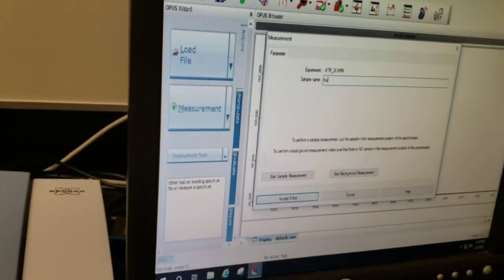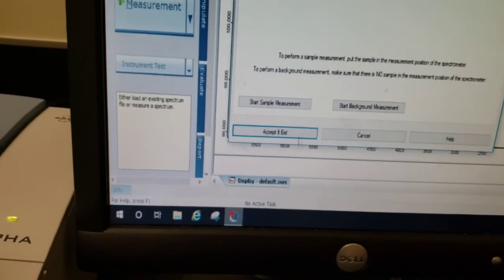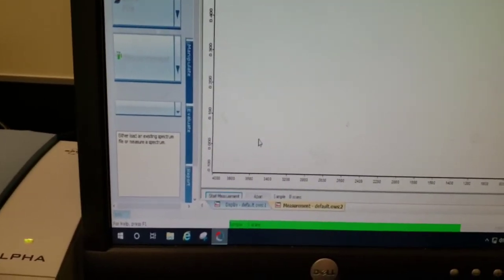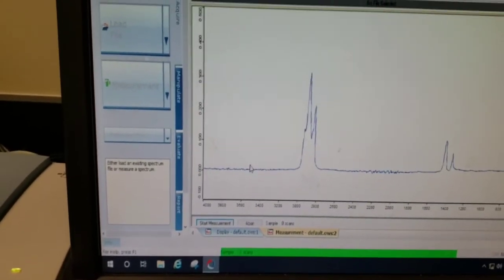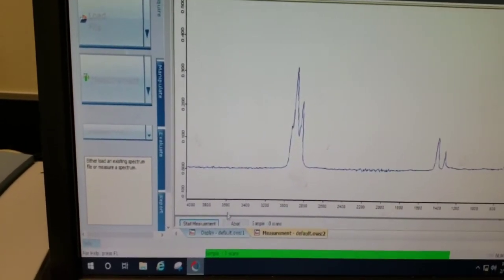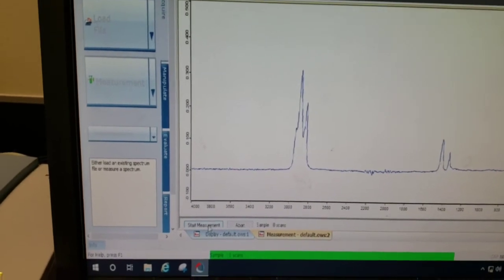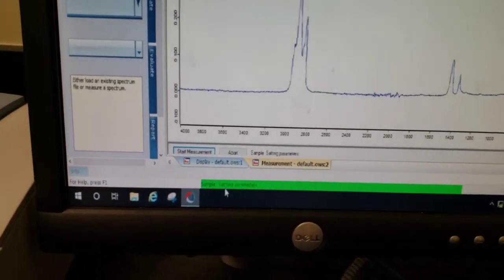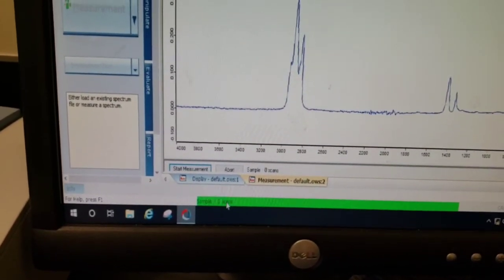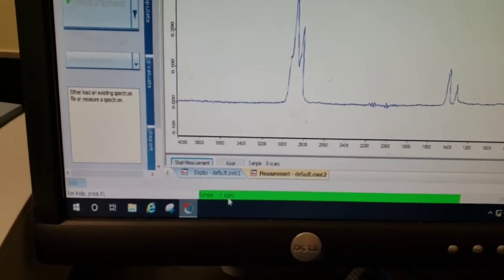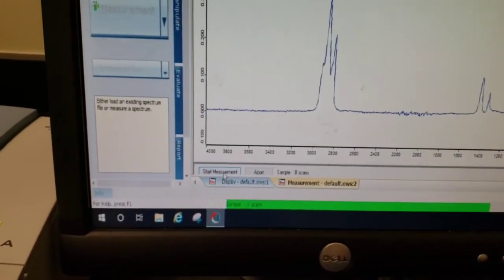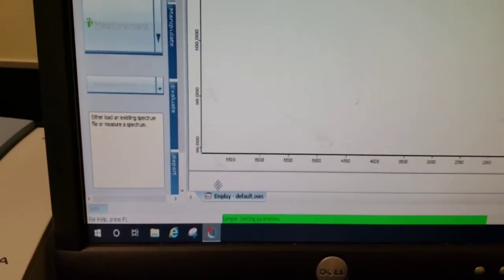Our sample today is Nujol, which is a type of paraffin. And it will accept that information, and the software gives you the impression that it is working by this green flashing light, but it actually isn't working until you press Start Measurement.